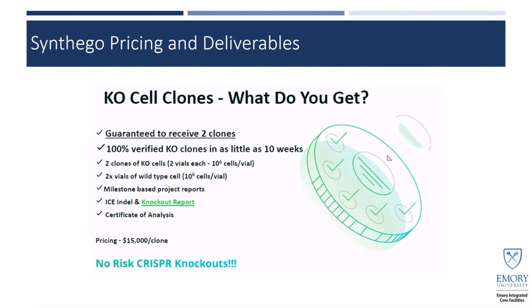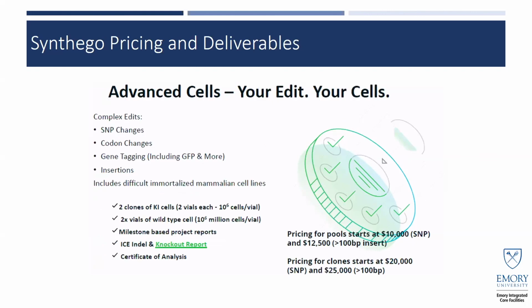And so we find that with that $10,000 difference, we would be able to take that cell pool and bring it to single cell clones for a cheaper price than they do at Synthego. Again, they can do knock-in cells as well: SNPs, codon changes, small tags, small insertions.